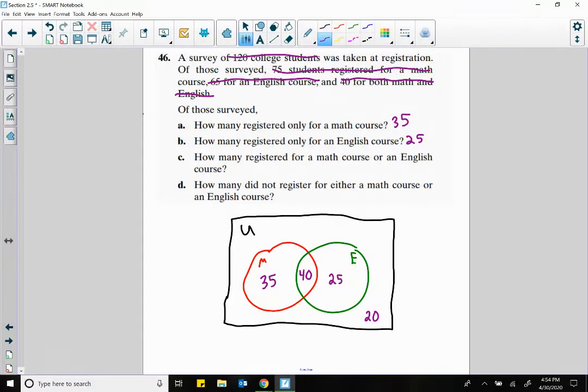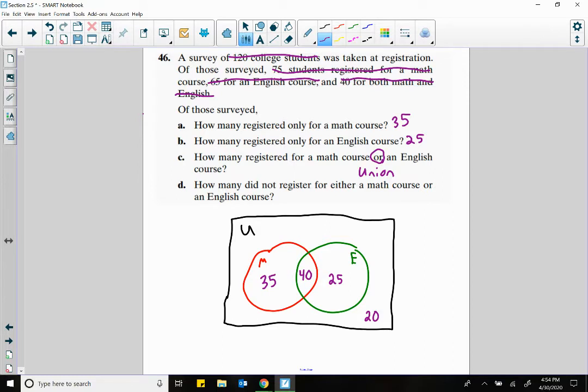This one right here, something I want you to be aware of, this word or. That word or is one of our terminologies that we had back in 2.3. It's either a complement, a union, or an intersection. So whenever you see the word or, I want you thinking union. So what they're asking is, how many students are in the union of math and English?